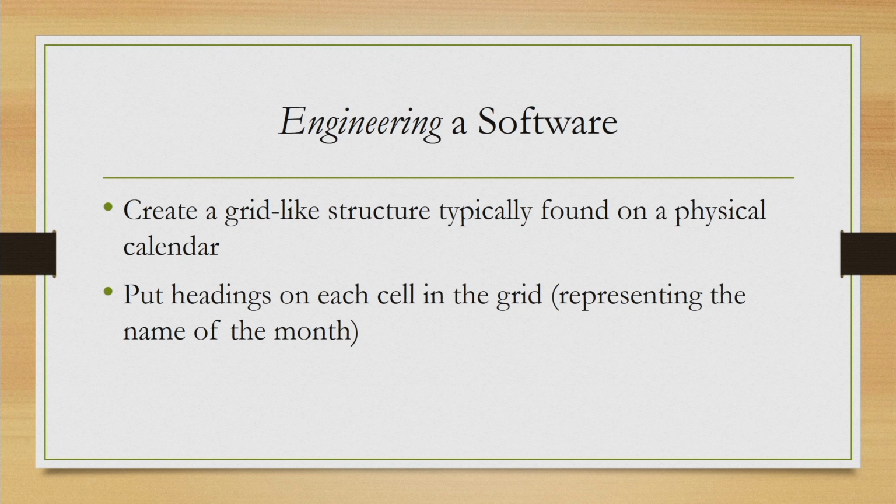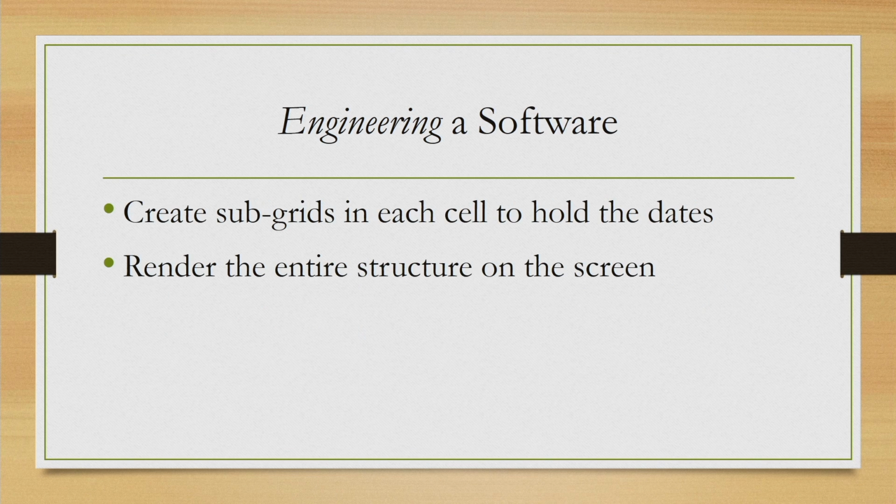Then we should put headings on each grid element or grid cell that may probably represent the name of the month. Then create subgrids within each cell, probably to represent the days of the month or the dates, and render the entire structure on the screen.